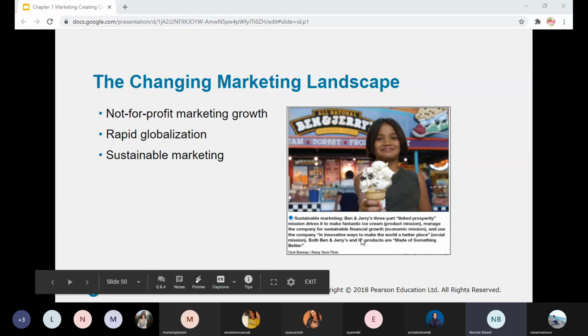So marketing is not only for profit organizations. Marketers are also redefining their customer relationships and taking a fresh look at the ways in which they relate with the broader world around them.